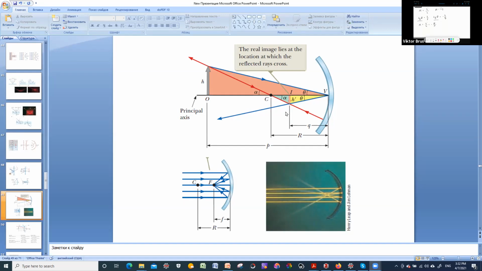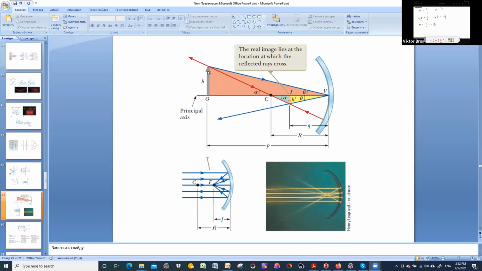And the same for tangent alpha, but already from this yellow triangle, we can write that this is... oh, sorry, not from yellow. We consider a small red triangle. We need this alpha angle, not theta.